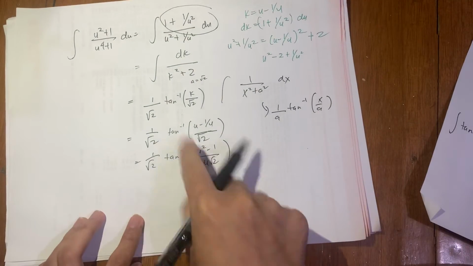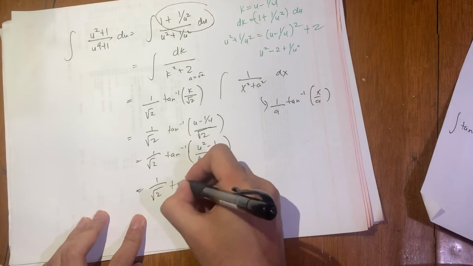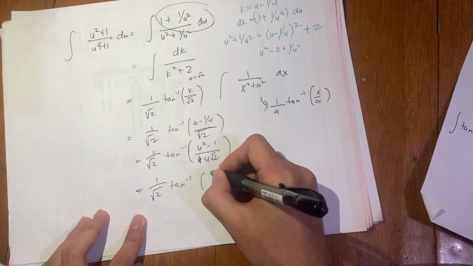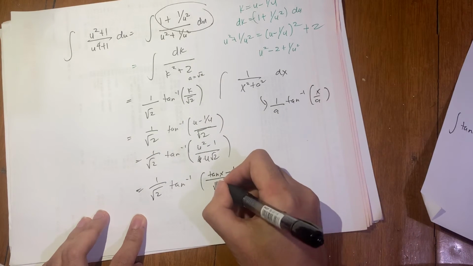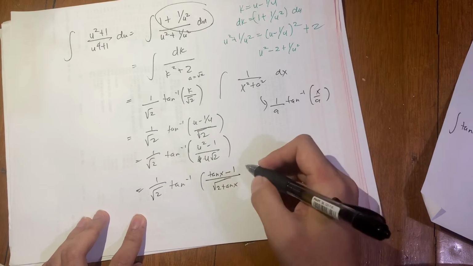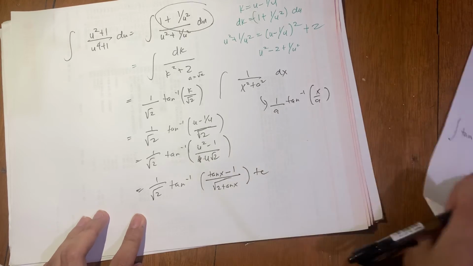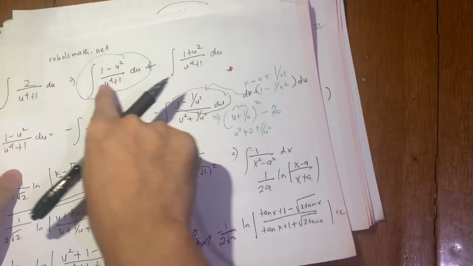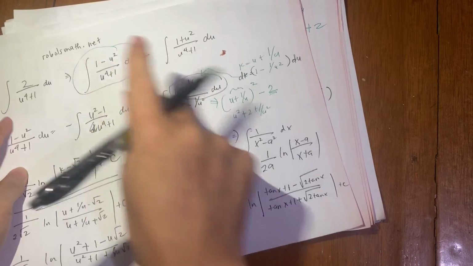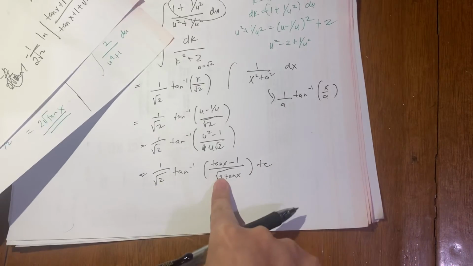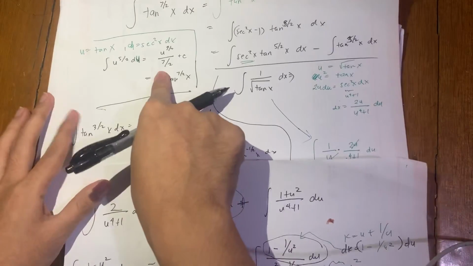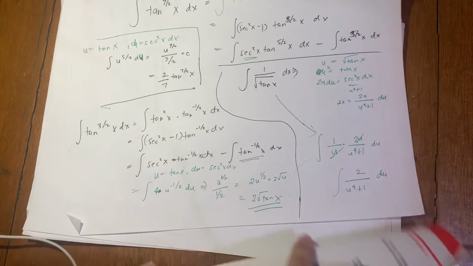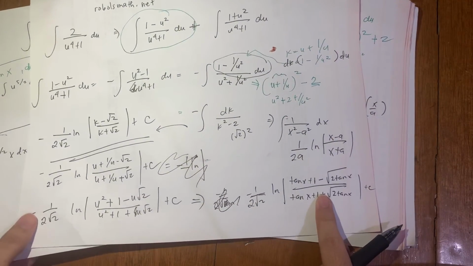So this will become tangent inverse of tangent x minus 1 over square root of 2 times square root of tangent x, which is square root of 2 tangent x. Wow! So this entire expression here is equal to the sum of this and this. Tapos yung buong expression natin na integral ito, equal siya dito, plus dito, plus dito, plus dito. So medyo marami.